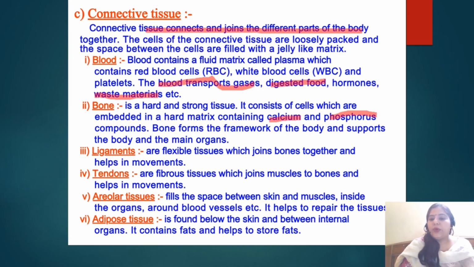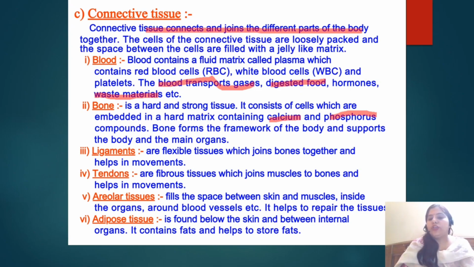Then we have tendon. Tendon is this area. You can see here, if you touch, here is a hard bone, and on that hard bone there is a layer of muscle. So this is the tendon. Between the muscle and the bone, the connective tissue which is present is called the tendon. Okay.